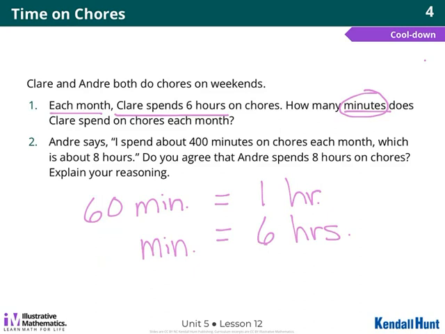So I'm going from a large unit to a smaller unit, so I know I need to multiply, because each hour has 60 minutes and I have 6 hours. So I need to multiply 6 times 60.